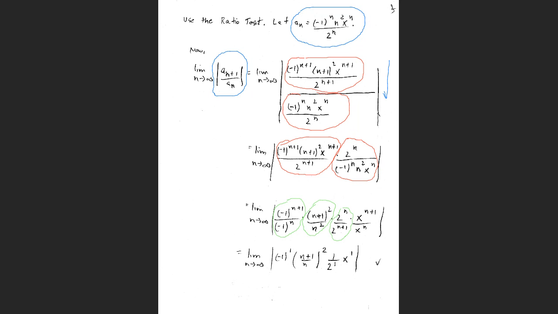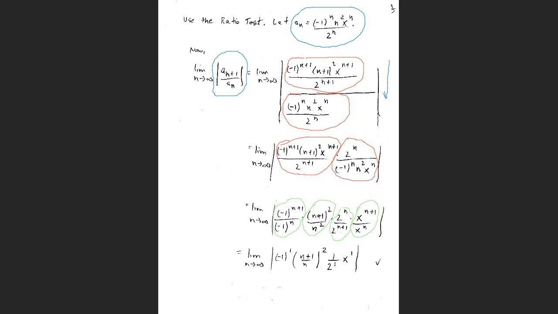And x to the n plus first power, I put that over x to the nth power. It just helps me organize this. There's a lot going on, a lot of terms, and I like to group things together so that I can easily reduce.